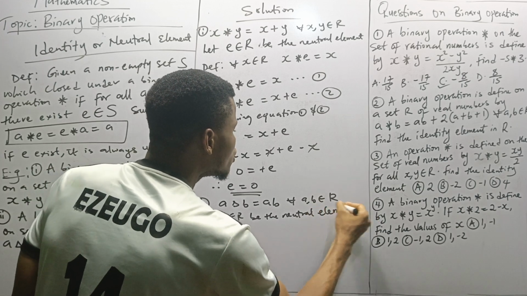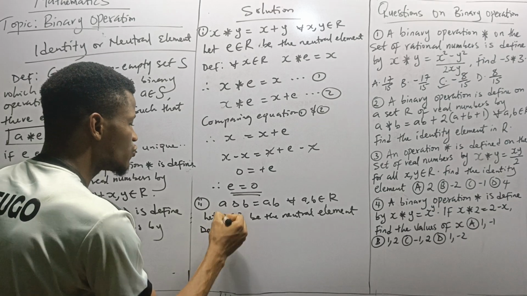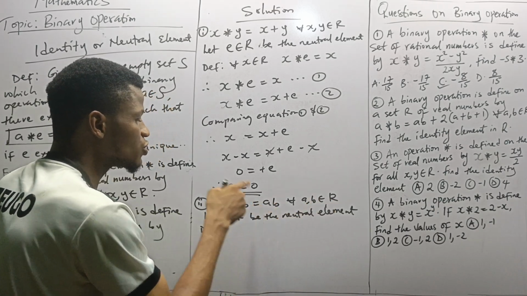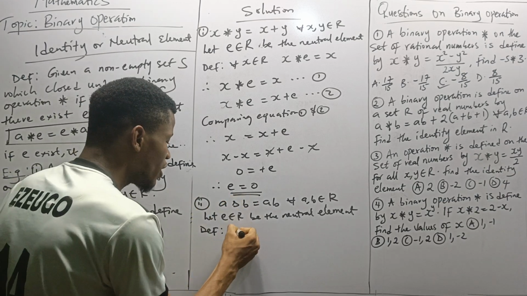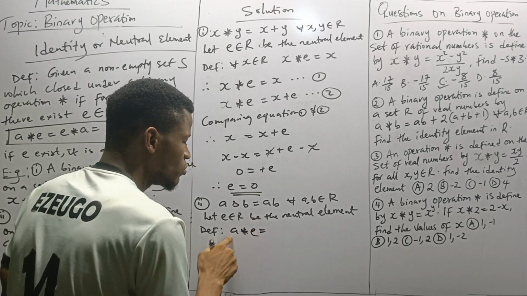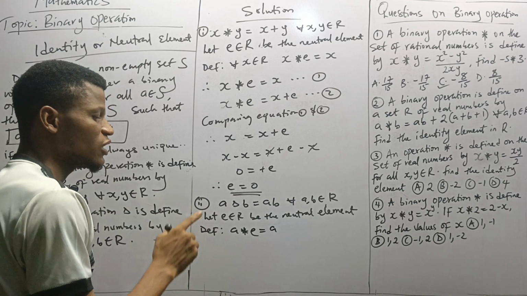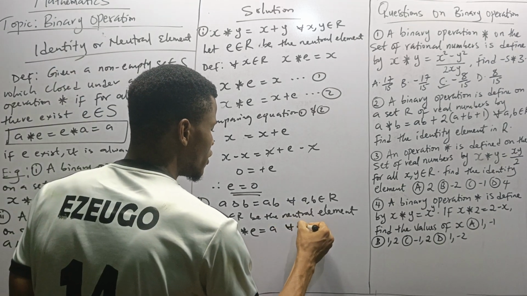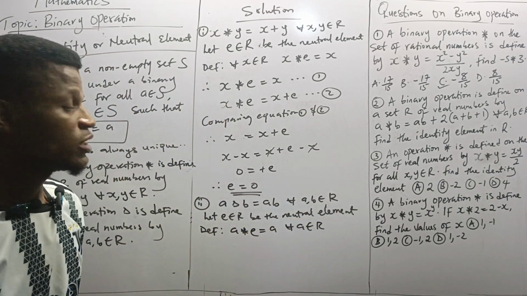If E is the neutral element, what's the definition of a neutral element? The definition says that whenever I pick any element in R and combine it with E, it's going to give me that element. If I choose A, the same; if I choose B, the same. So we have A operation E equals A for all A in R, or for any element in R.